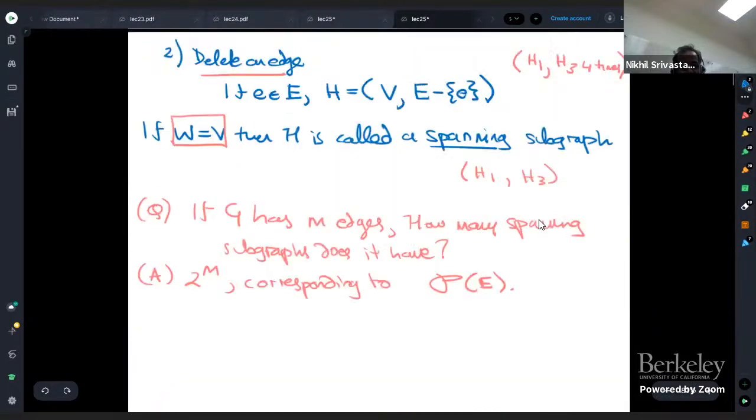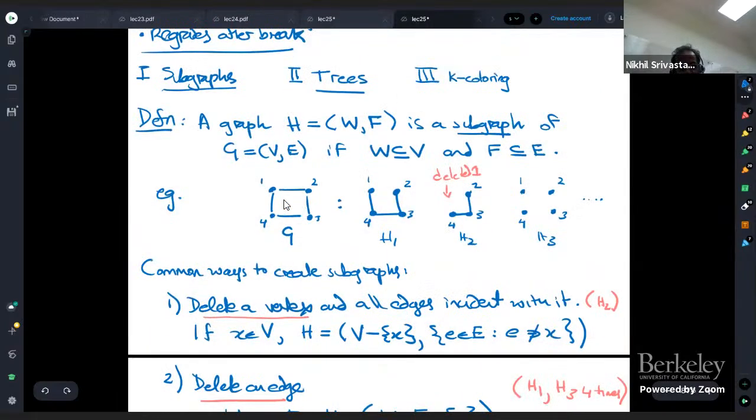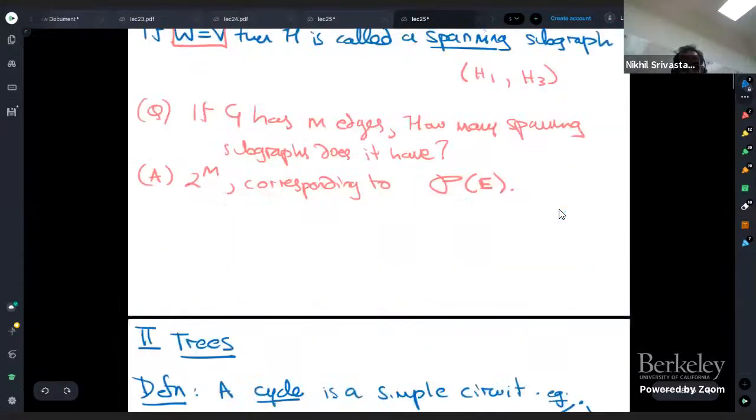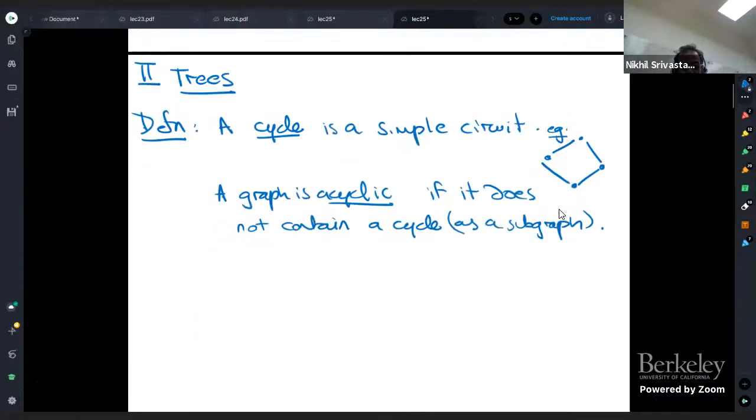So in these examples above, which of these are acyclic? All except for G. Yeah, G is not acyclic because G is actually a cycle itself. But the rest of them don't contain a cycle as a subgraph, so they're acyclic. Okay, so here's a definition. A tree is a connected acyclic graph.